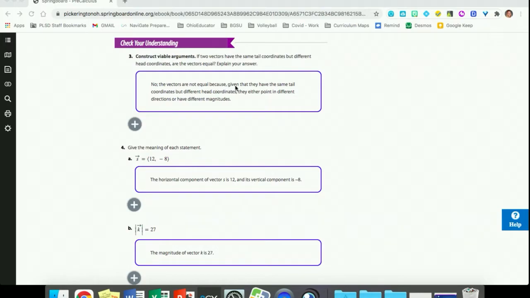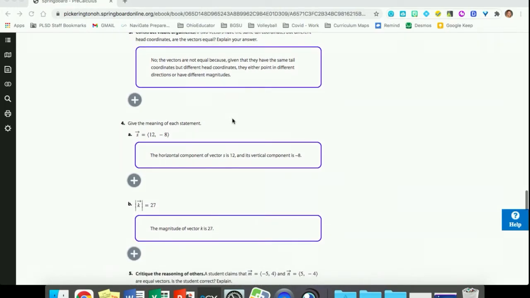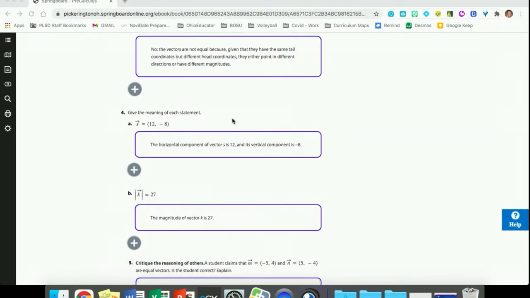The vectors are not equal because given the same tail coordinates but different head coordinates, they either will point in different directions or have different magnitudes, right? So make sure you're looking at magnitude and direction when you're talking about equal vectors, or you're talking about the components. Number 4 says give the meaning of each statement. Okay, so this means vector S, and remember this is written in component form.